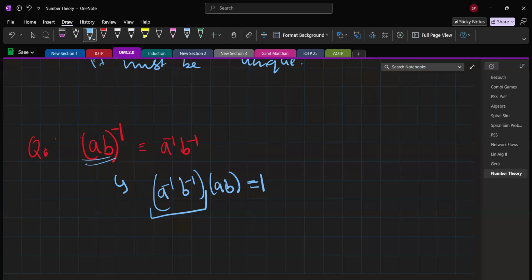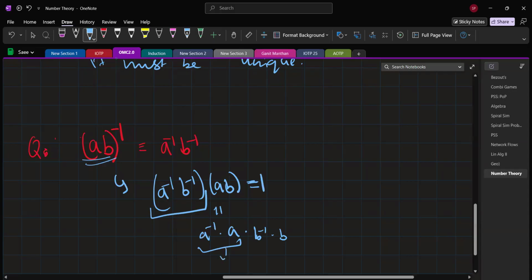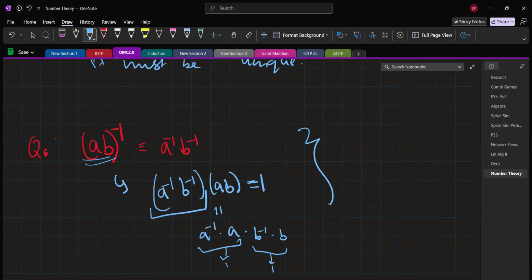And this is just true because A inverse times A times B inverse times B, and this is 1 and this is 1. So this is just associativity and commutativity. We're essentially using these core properties of how numbers are multiplied.